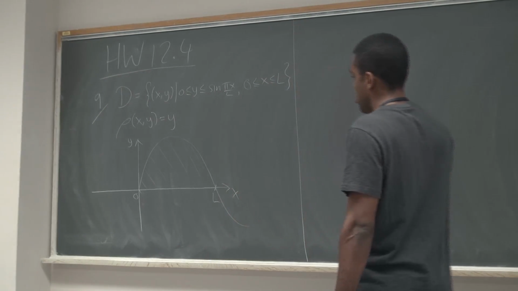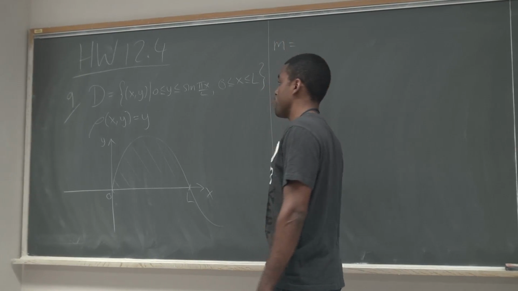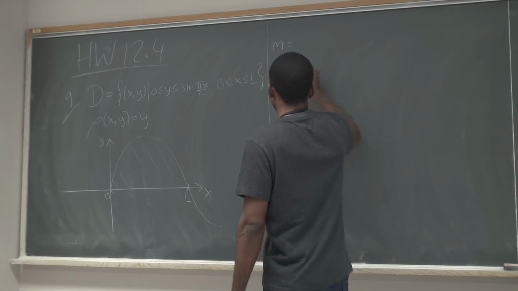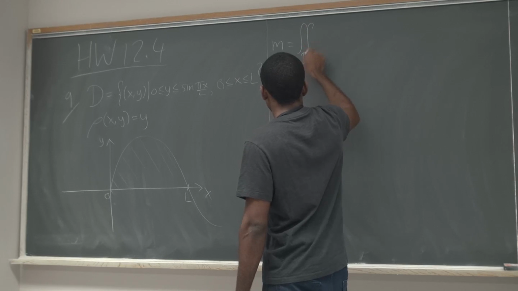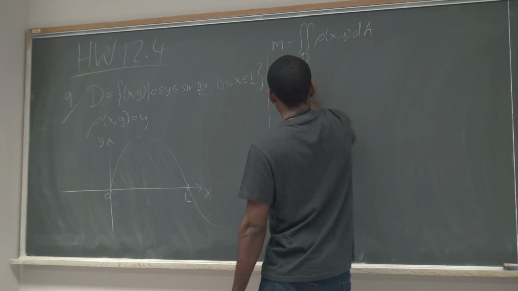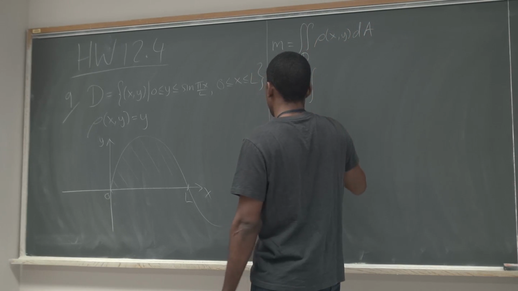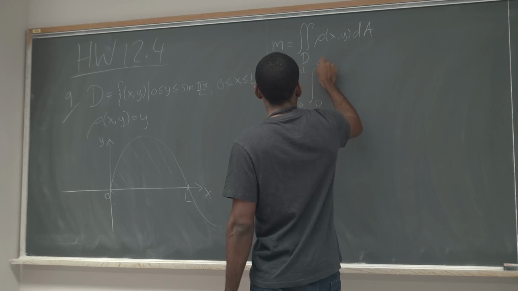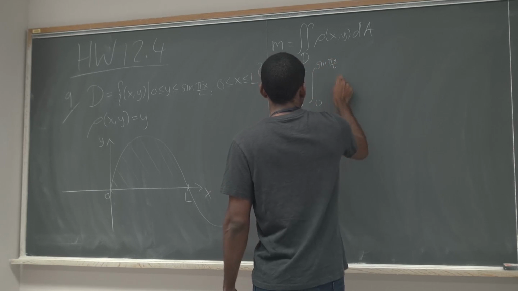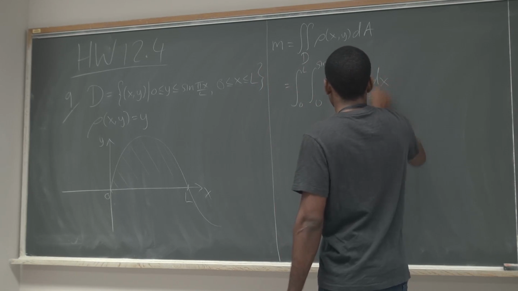The density rho. So let's find the mass first. How do we do that? Well, it's a double integral over D of the density function. So x from 0 to L, y goes from 0 to sine pi x over L of y dy dx.